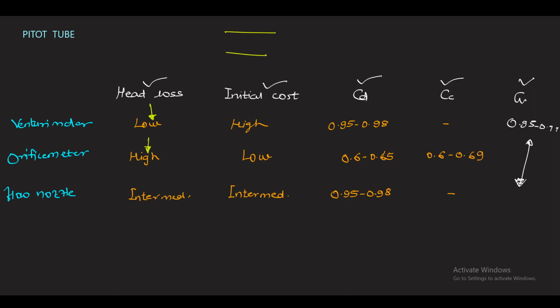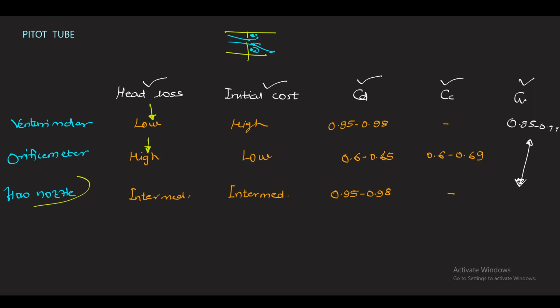This is the orifice, suppose, and these are the streamlines. Then what happens? Eddies are formed there. These are the eddies, and this is the wake region. So there is much more energy loss as compared to the Venturi meter, and hence the head loss is more in the case of the orifice meter.